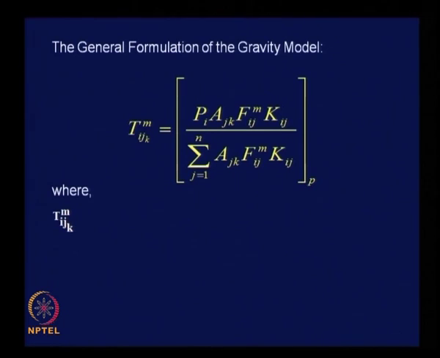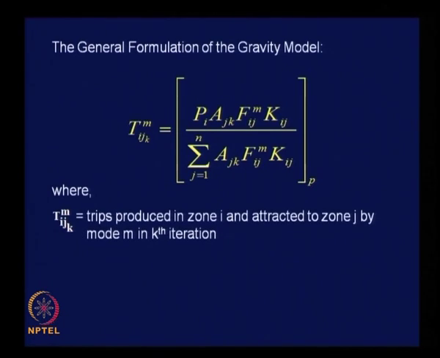Tijkm is this: trips produced in zone I and attracted to zone J by mode M in kth iteration.